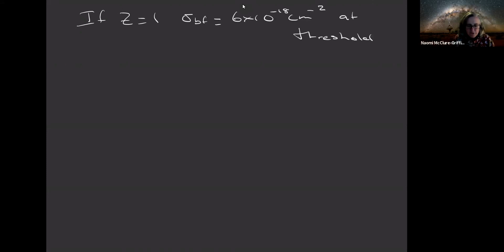Now this is useful for considering how much photoionization you have in a system given a single radiation field. We can actually work this the other way around to consider the free-bound cross-section. So that's the recombination cross-section.